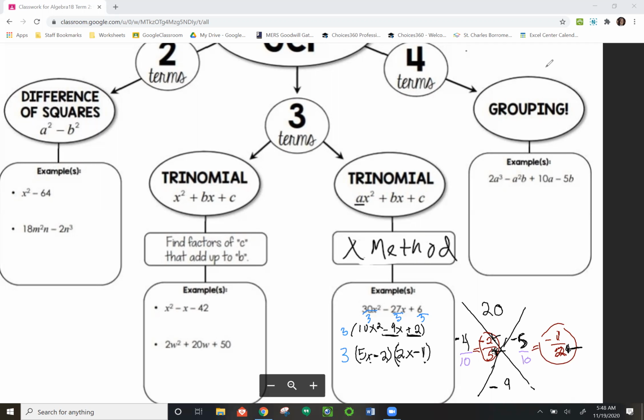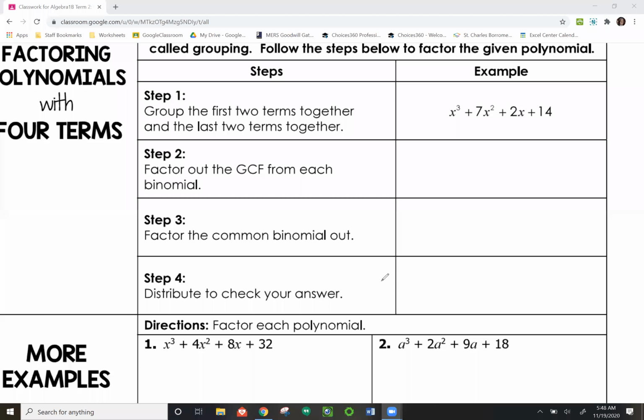Okay, let's go ahead and slide over to our notes. Now this is going to be our final technique for factoring, and this will be when you have an expression with four terms. One thing that's kind of cool about this is we're going to be using a strategy that we've already learned: factoring out the greatest common factor.